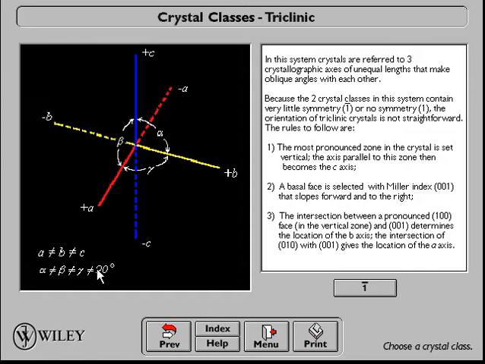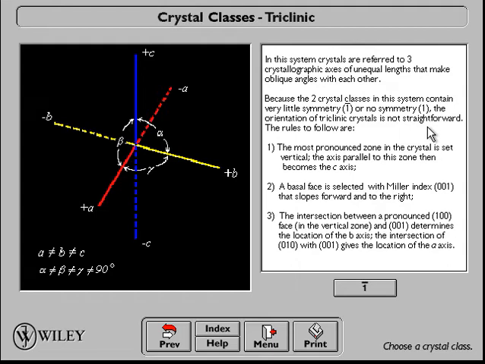So in this system, crystals are referred to 3 crystallographic axes of unequal lengths that make oblique angles with each other. Because the 2 crystal classes in this system contain very little symmetry, 1 over or no symmetry, the orientation of a triclinic crystal is not straightforward.